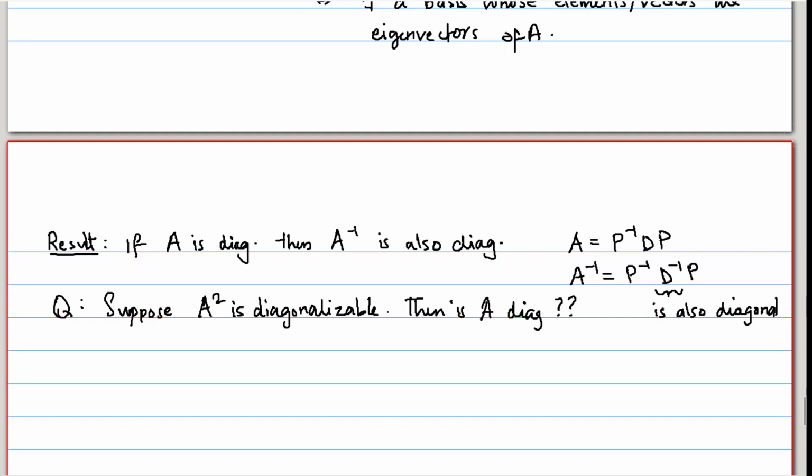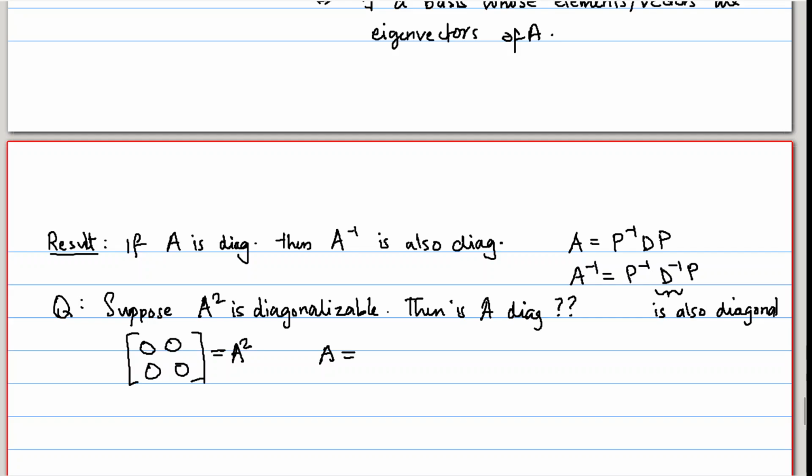Whenever you have such true or false questions, look at simple and extreme examples. What is the simplest example of a diagonalizable matrix? The zero matrix. So let's construct an A such that A square is this. Construct a non-diagonalizable A.